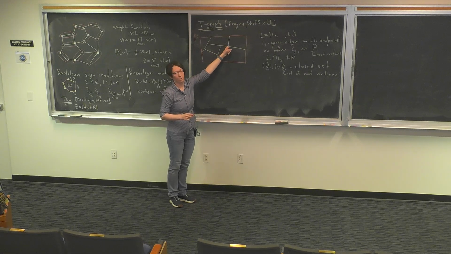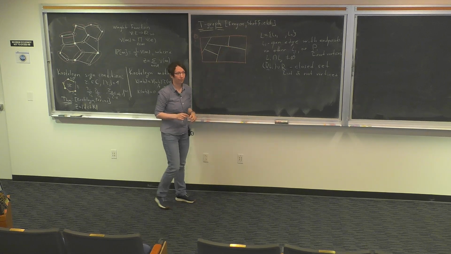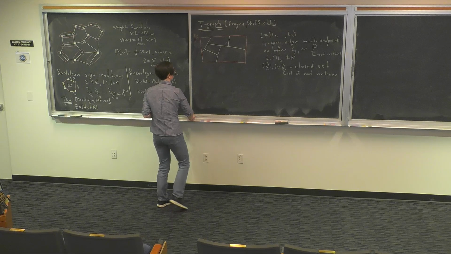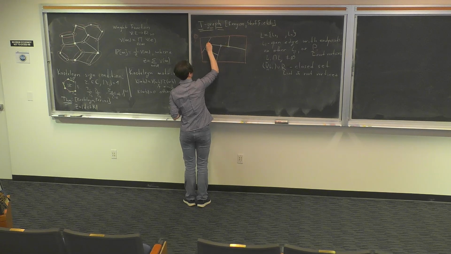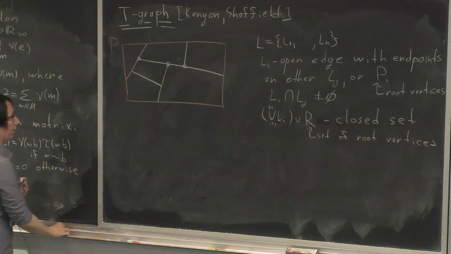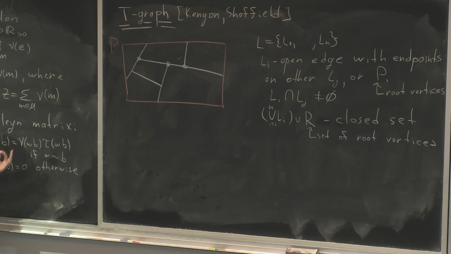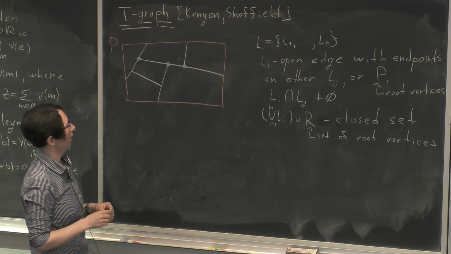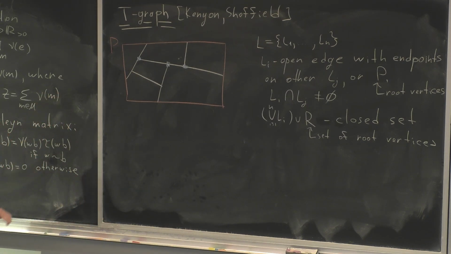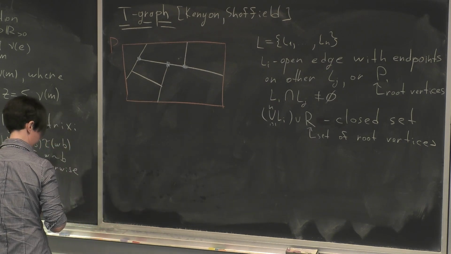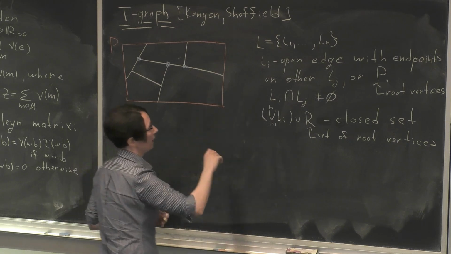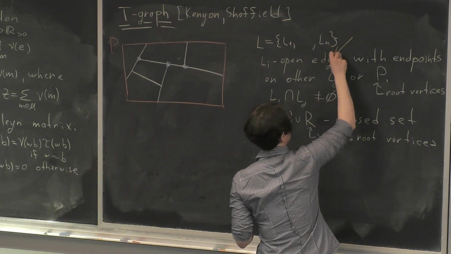We have vertices which are endpoints of those edges. So there is a very natural graph drawn on the picture by this tiling of the polygon. Also let me call those edges L_i. We're going to call them complete edges.